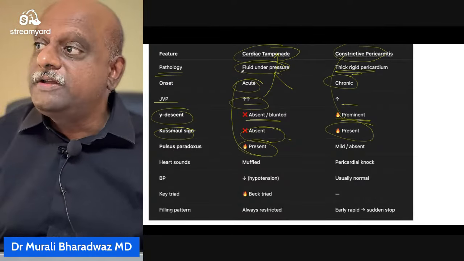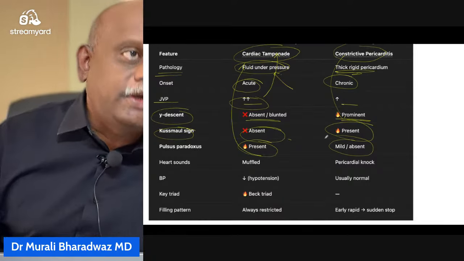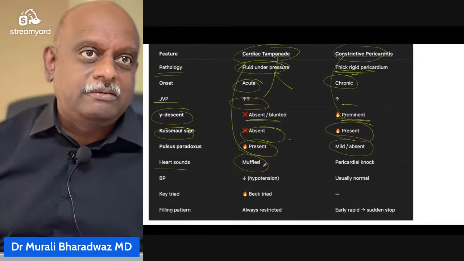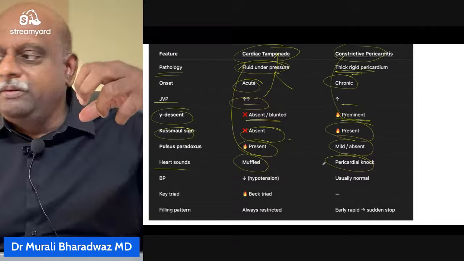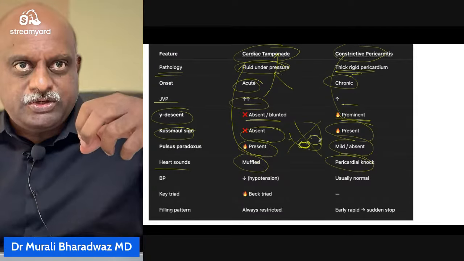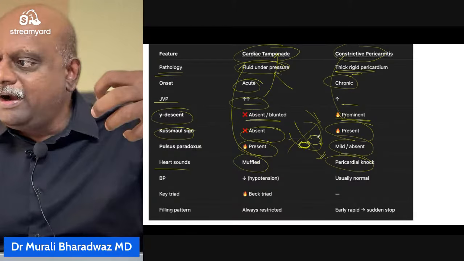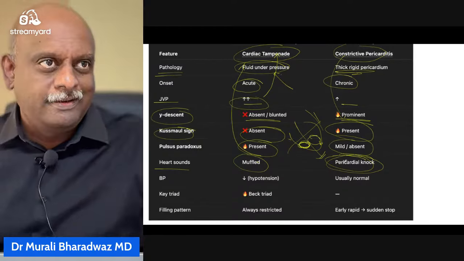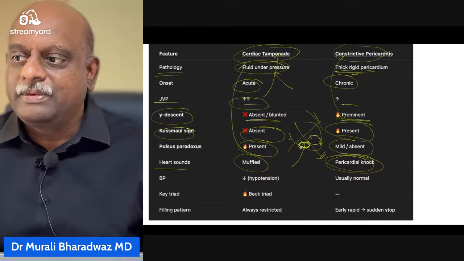Pulsus paradoxus is a feature of tamponade, but not constrictive pericarditis. Heart sounds are muffled in tamponade, but here, every time the heart is getting filled with blood during diastole, it will hit the thick pericardium, tuck, that's called pericardial knock, which will be heard during diastole.